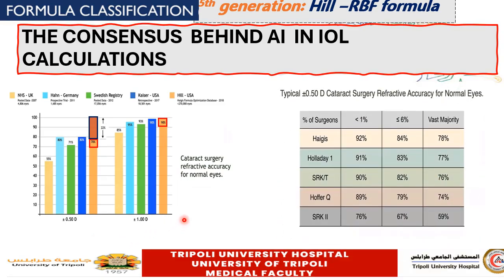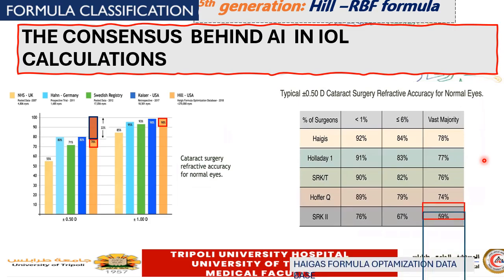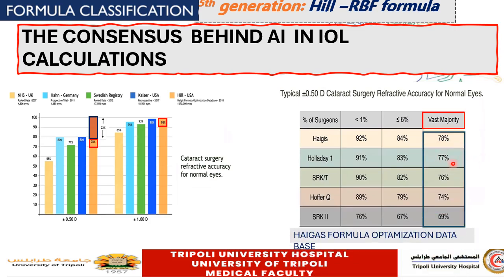And this one, which is the Hagis registry, a big formula optimization utilizing more than 300,000 cases, similarly shows that less than 1% of surgeons can achieve up to 92% accuracy, less than 6% of doctors will achieve 84% accuracy, and the vast majority of doctors will achieve 78% accuracy.